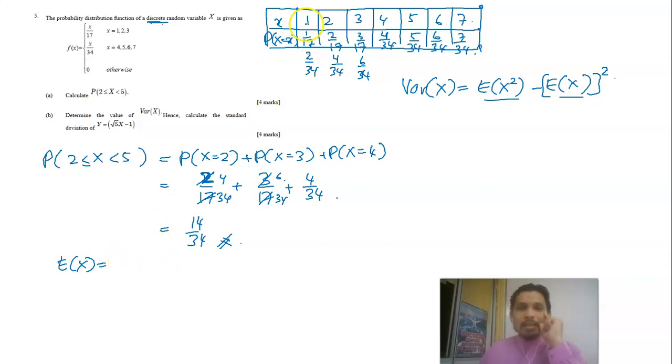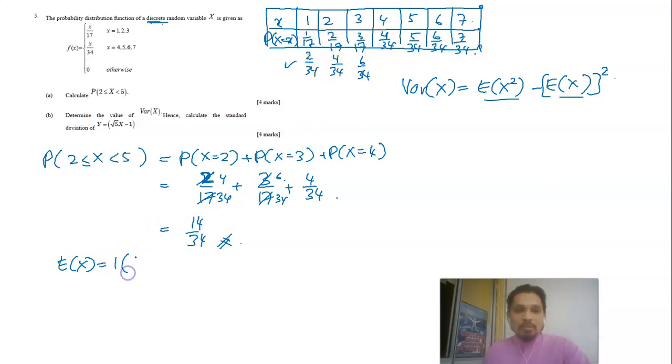Are we going to use 1 over 17 or 2 over 34? I think we're going to use this one here, 2 over 34, 4 over 34, and 6 over 34, because at last we're going to simplify this.